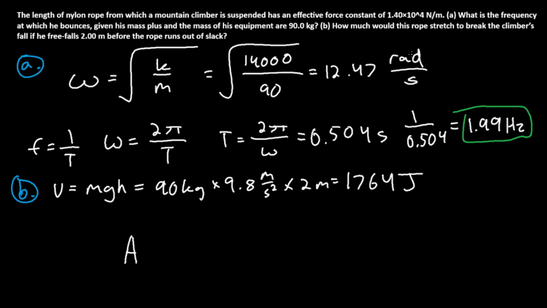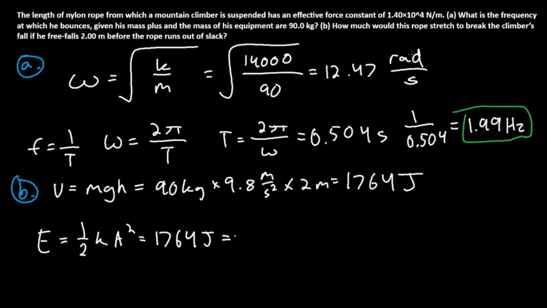So instead of using velocity or position or kinetic energy, we can use your total energy formula. 1/2 k times amplitude squared is equal to your total energy gained. Your total energy is 1764 joules.